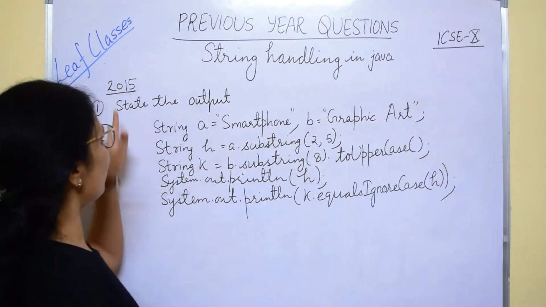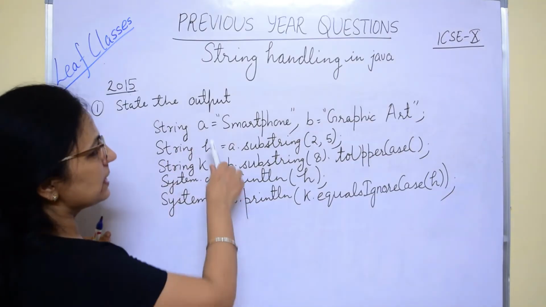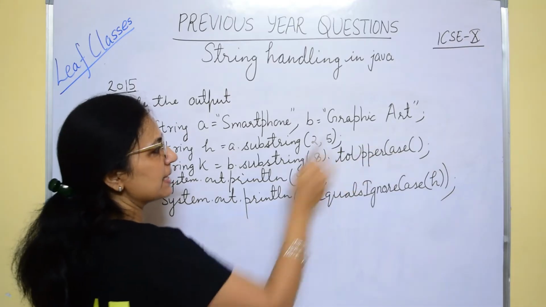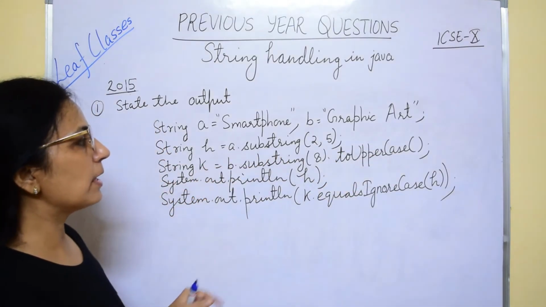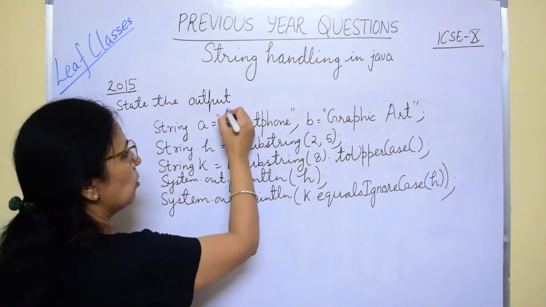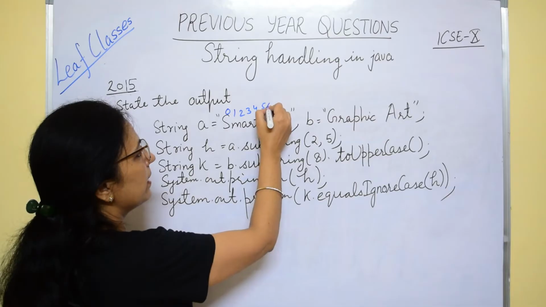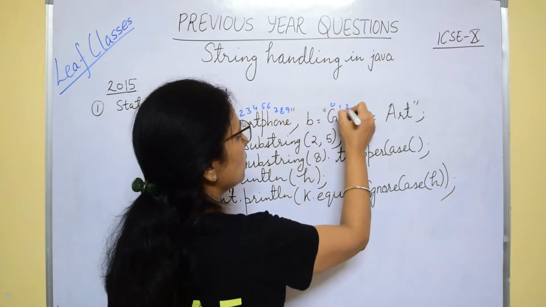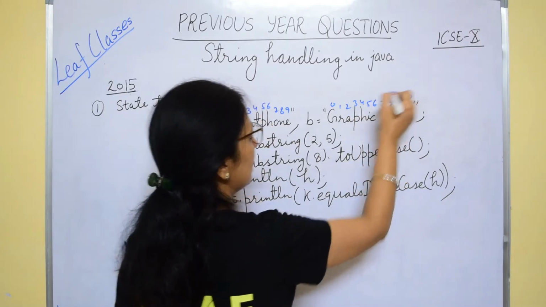The next question from year 2015, give the output. String A equals to smartphone, B equals to graphics space art, H equals to A dot substring 2 comma 5. As I told you, we must put the index number in the beginning only. 0, 1, 2, 3, 4, 5, 6, 7, 8, 9, 10.